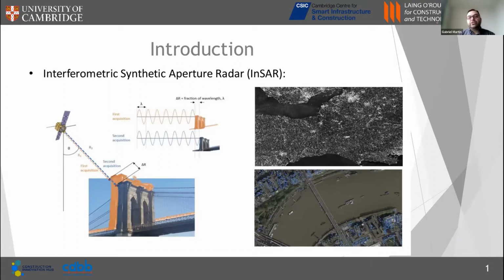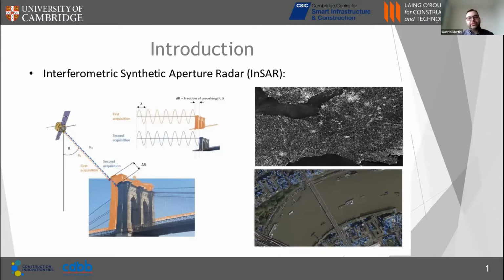But when you combine two different phase images from two different acquisitions at different times from the same place in a process that is called interferometry, it is possible to estimate the displacements of the objects that we are observing that explain the observed difference in the phase of these two images.